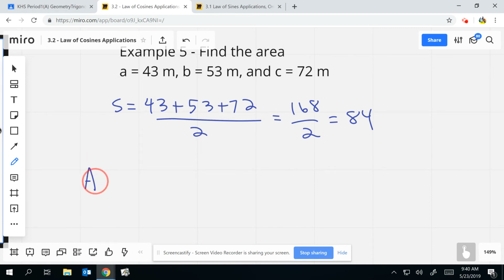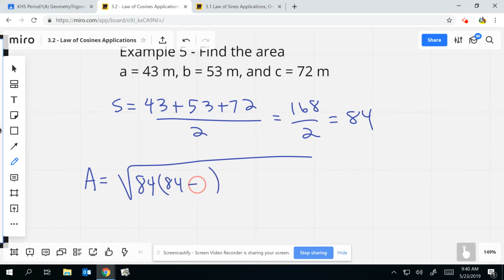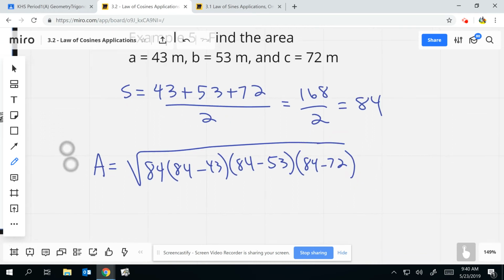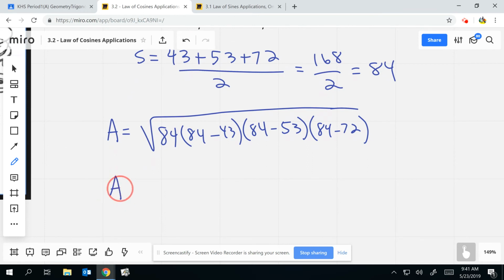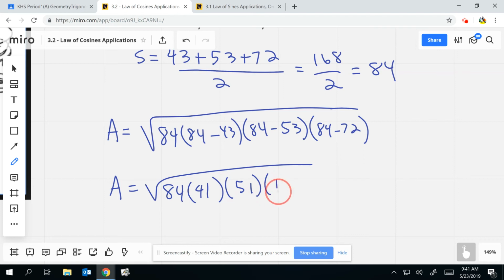Then your next step to find your area is to write a huge square root and start with S, 84. And then you want to do 84 minus the first side, 43. And then 84 minus the second side of 53. And then times 84 minus the third side of 72. Okay, so there is just plugging it in. When you solve it here, you're going to get 84 times 41 when you subtract the first, 51 when you subtract the second, and 12 when you subtract the third.